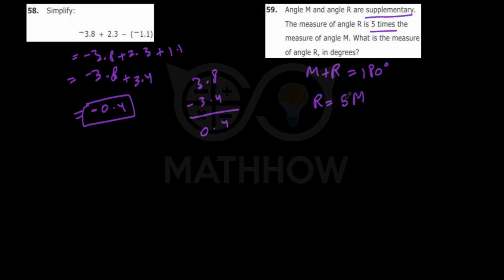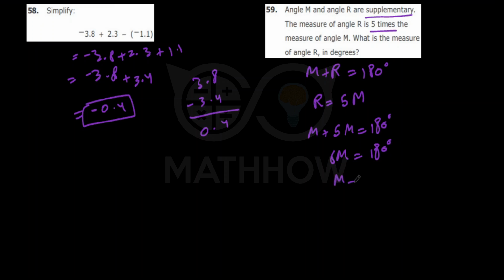Substituting 5M in place of R, this will become M plus 5M equals 180 degrees. This will become 6M equals 180 degrees.